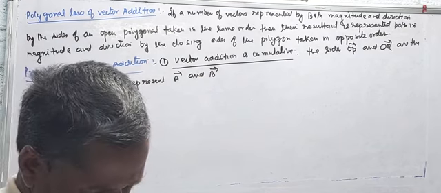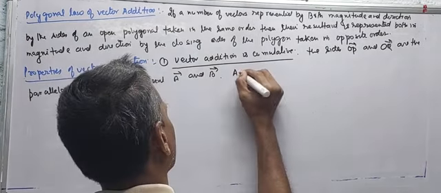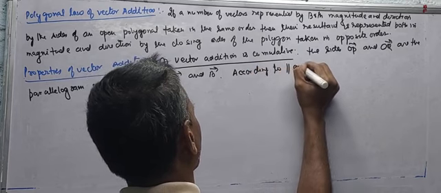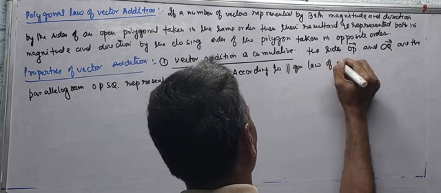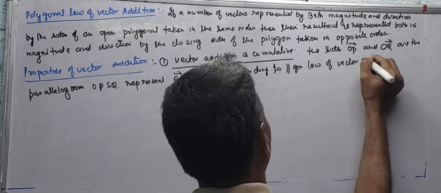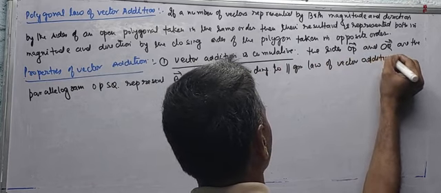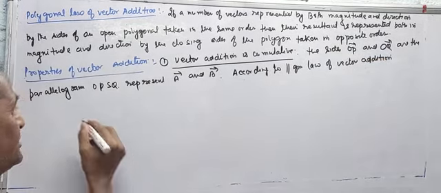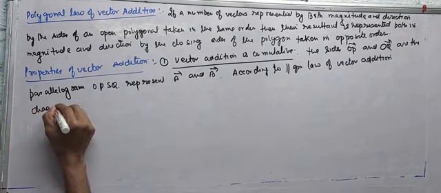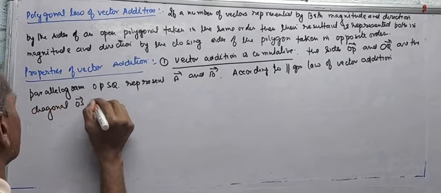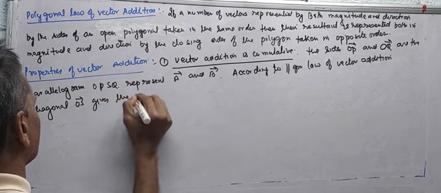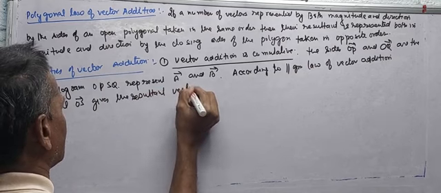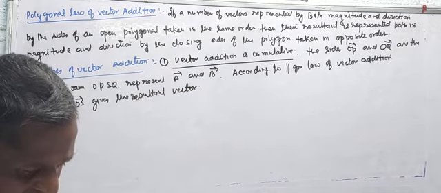According to parallelogram law of vector addition, the diagonal OS gives the resultant vector.